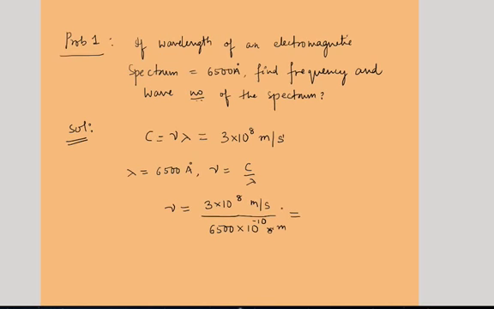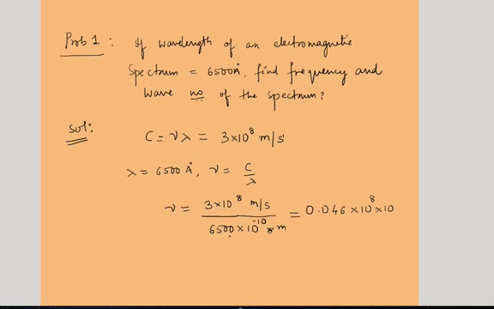Let us see. 3 divided by 65 comes to around 0.046 multiplied by 10 raised to power 8 into 10 raised to power.